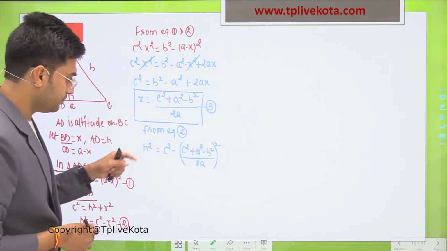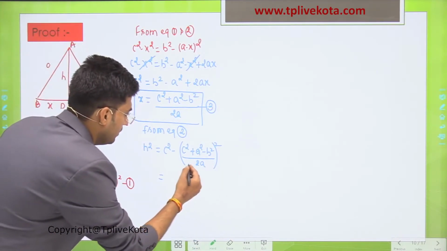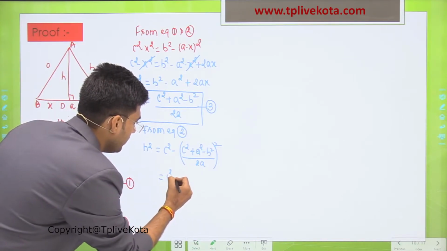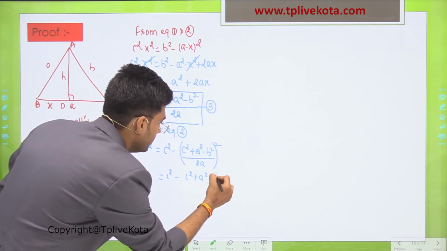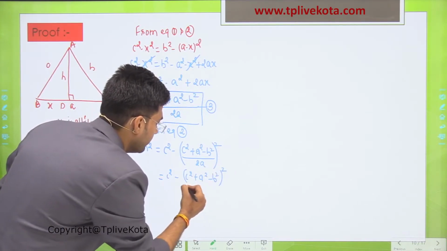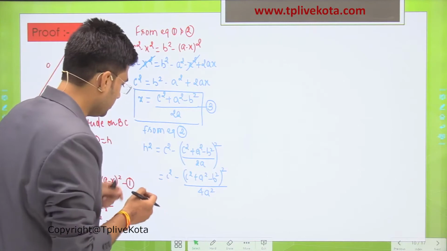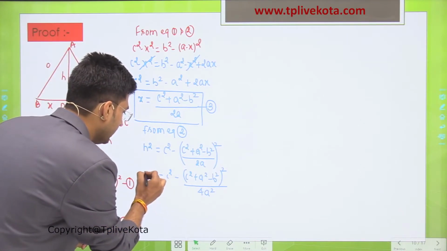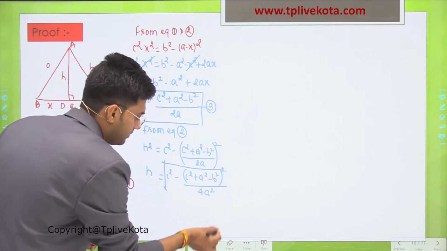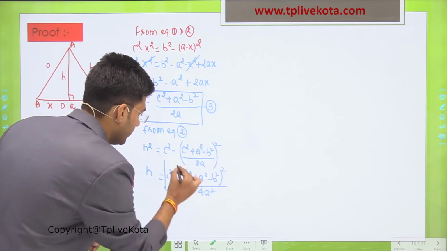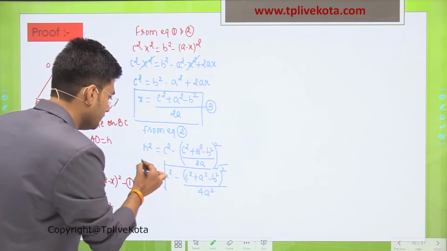Now when we solve this, we get c square minus (c square plus a square minus b square) whole square divided by 4a square. This is the value of h square, so h is equal to the square root of this. Clear? Now this is the value of h.